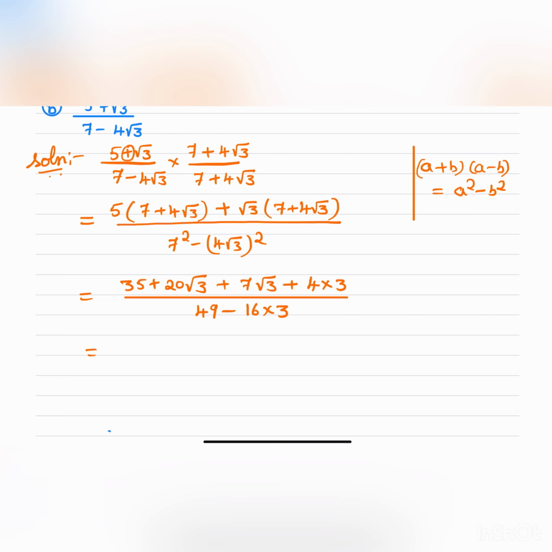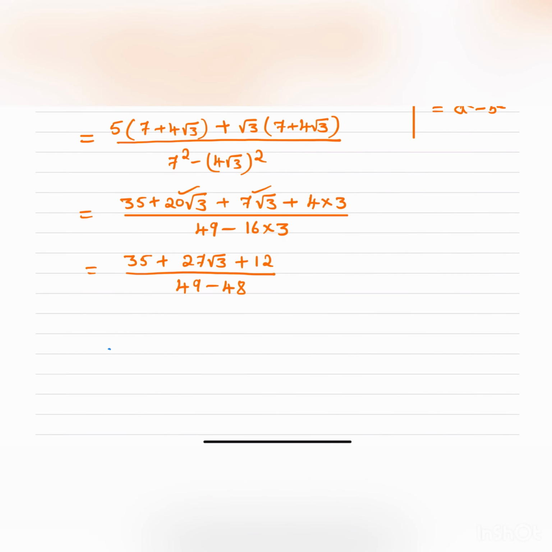Now if we further simplify, we'll get 35 plus 20 root 3 and 7 root 3 will give us 27 root 3. We can add them because they are like surds. 4 3s are 12, divided by 49 minus 16 3s, which is 48.